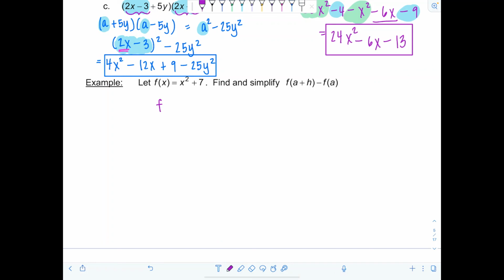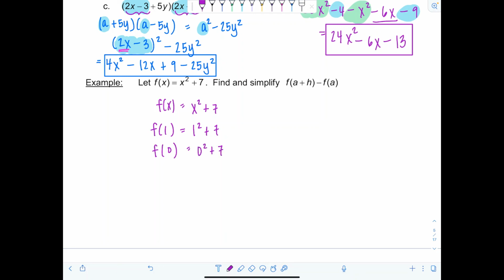So remember, they're telling us f of x for this problem equals x squared plus 7. If I asked you to find f of 1, what would you do? Yeah, you would replace x with 1 and then simplify, right? We don't need to simplify. What if I asked you to find f of 0? What would you do? Take 0 and plug it in for x? Good, yeah, you'd have 0 squared plus 7.